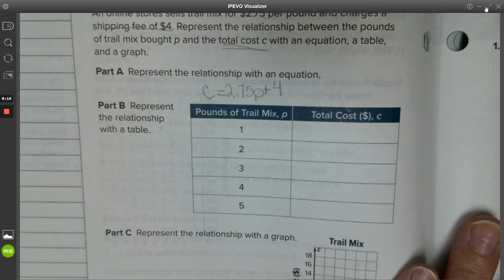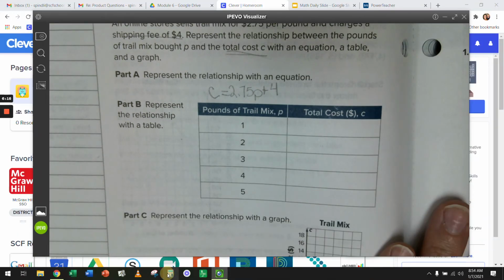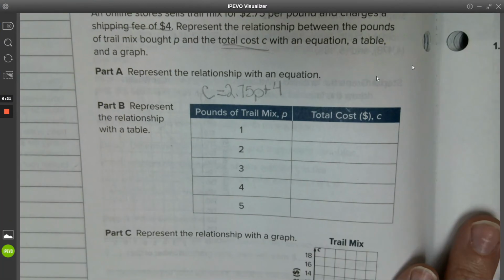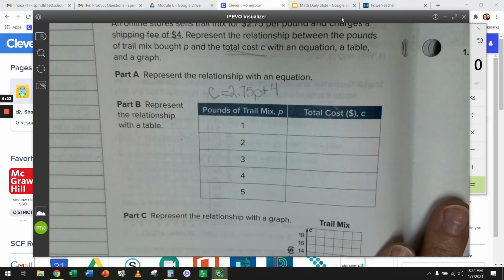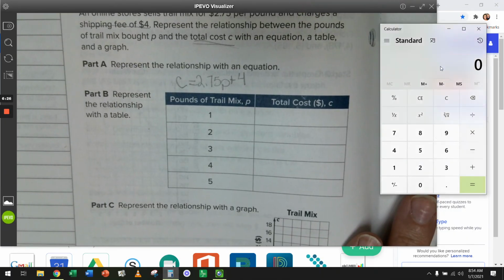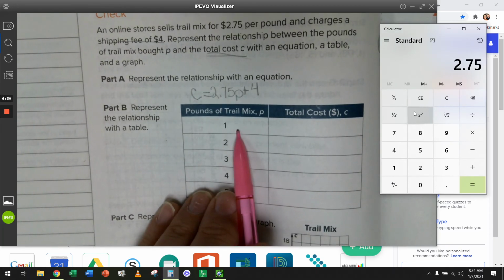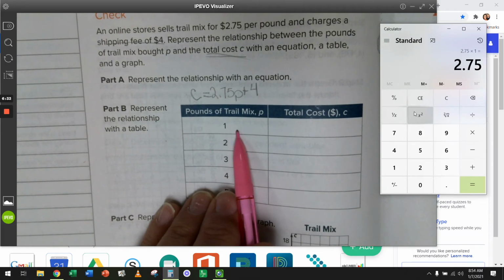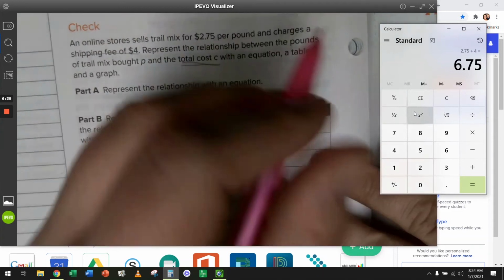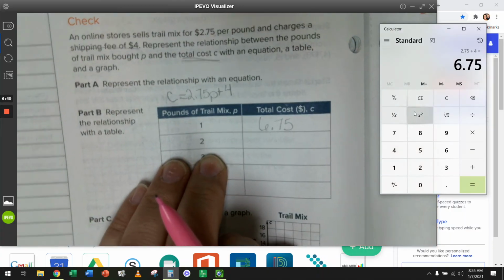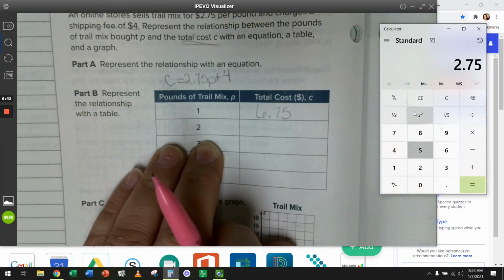Okay. So then we would go ahead and drop in our values into our table here. Remember, you guys can use calculators. I always say that. Oops, my calculator disappeared. Just slide some things around there. There we go. So start by doing 2.75 times 1 plus $4, right? So we would get $6.75. Now we're going to do it with 2. 2.75 times 2 plus $4.